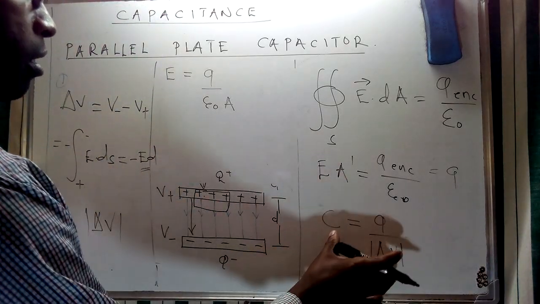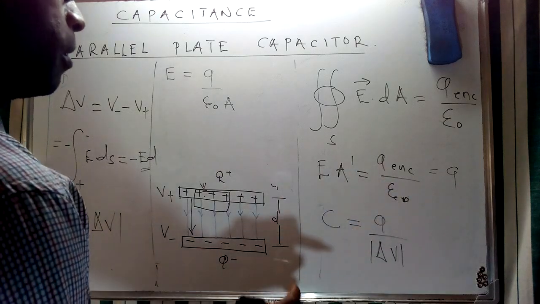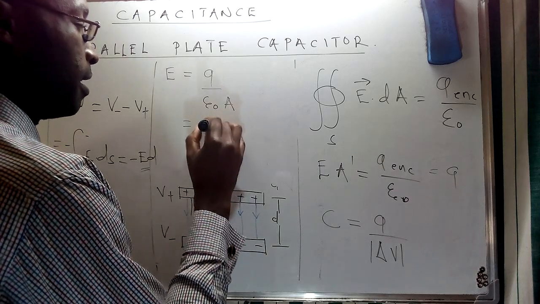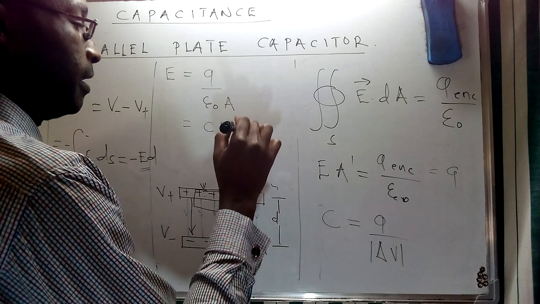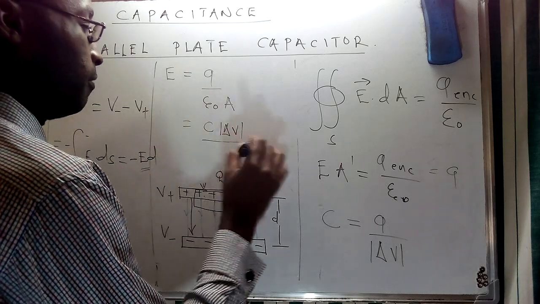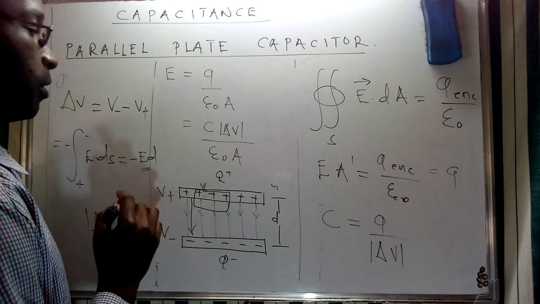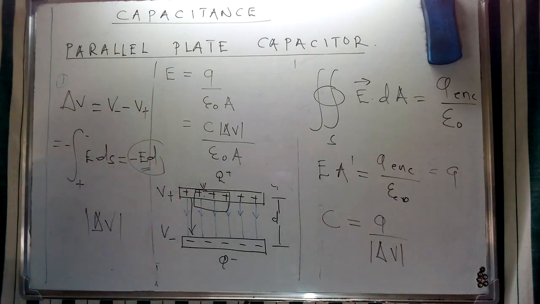If you do this by making Q the subject, then in this case we're going to have this represented as C delta V divided by epsilon naught A. We had said that the change in potential difference can be represented as Ed, and that we are going to consider the magnitude of that as a specific value.